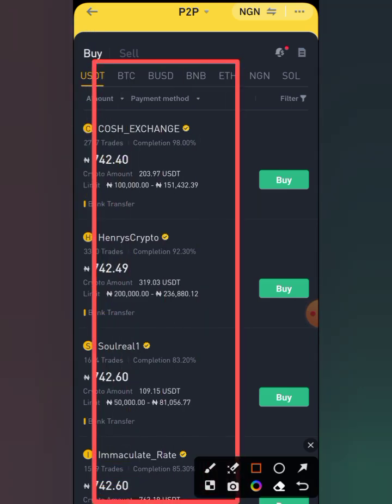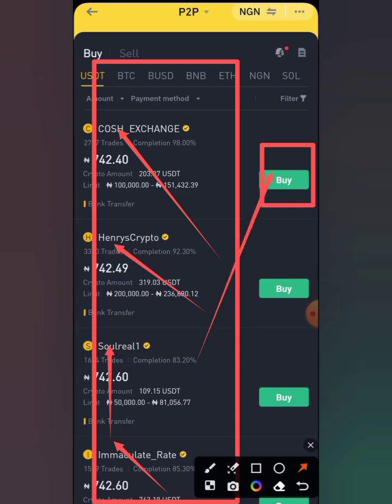So if I want to buy now, I will simply click on buy, and then I will buy from this merchant or this or this, depending on which I prefer. If I click to buy from them, they are going to sell to me and not buy, despite appearing on the buy section of the p2p. They are selling to those who come to buy.